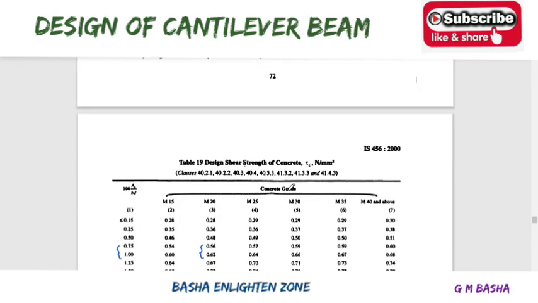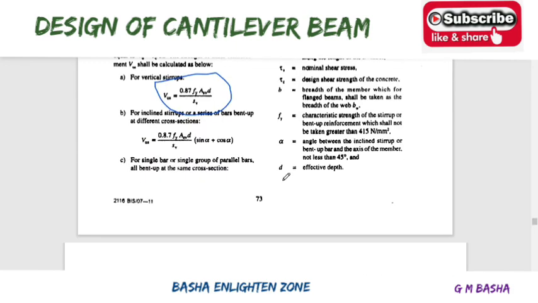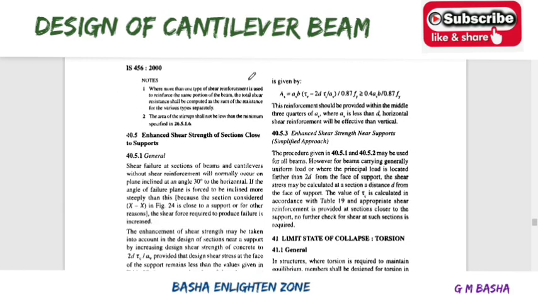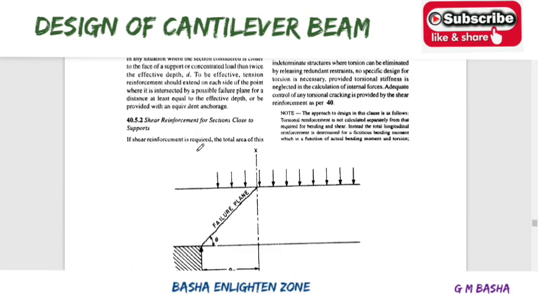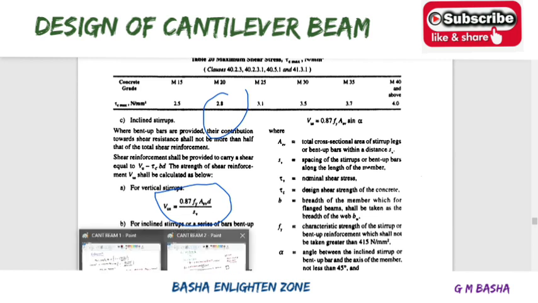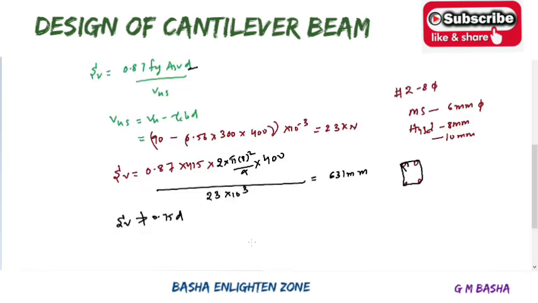Otherwise, you can remember the formula. Check once with the code book. So it is around 0.75 into some 400, which is 300 mm, and the condition one more will be Sv should not be greater than 300 mm.